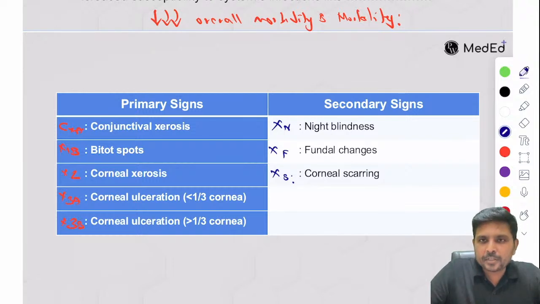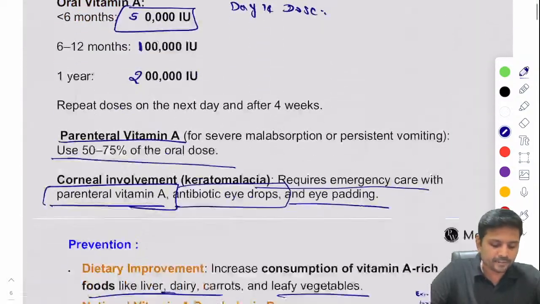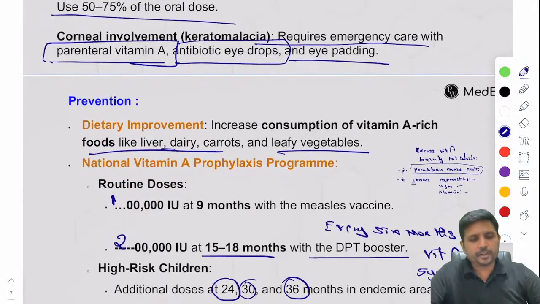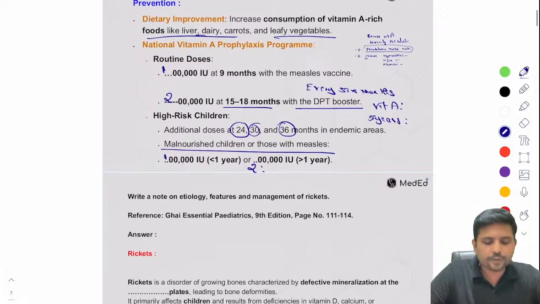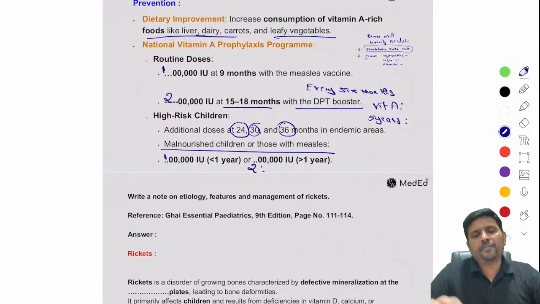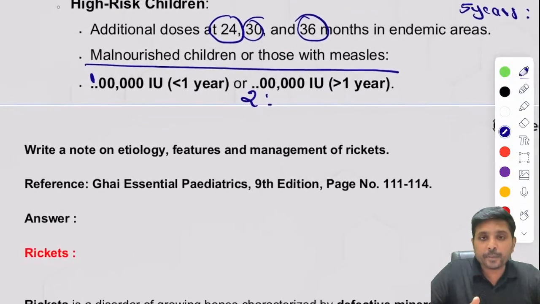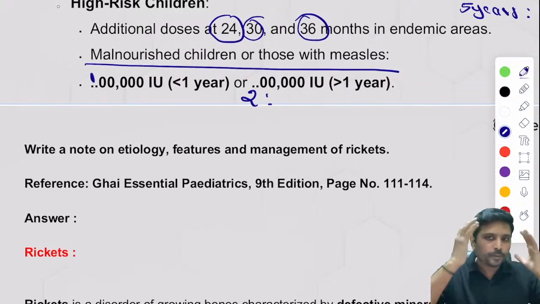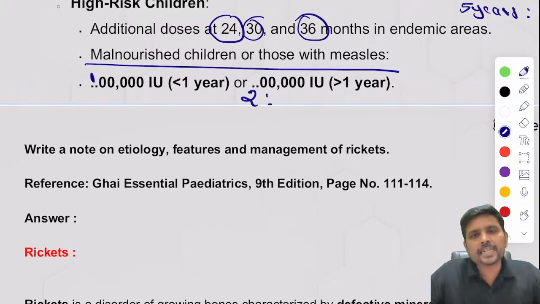So what is the management? What is the prophylaxis? What is the manifestation of acute hypervitaminosis? And what is the manifestation of chronic hypervitaminosis? These are all the questions that you will be facing in your viva. Remember, acute hypervitaminosis is pseudotumor cerebri, increased intracranial tension in the form of headache, vomiting, sunset sign, everything.